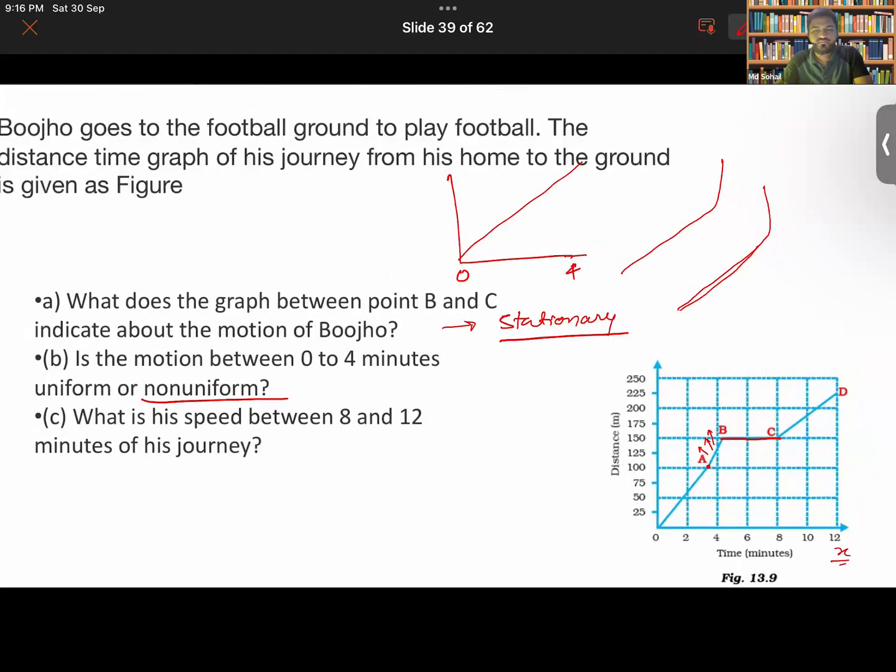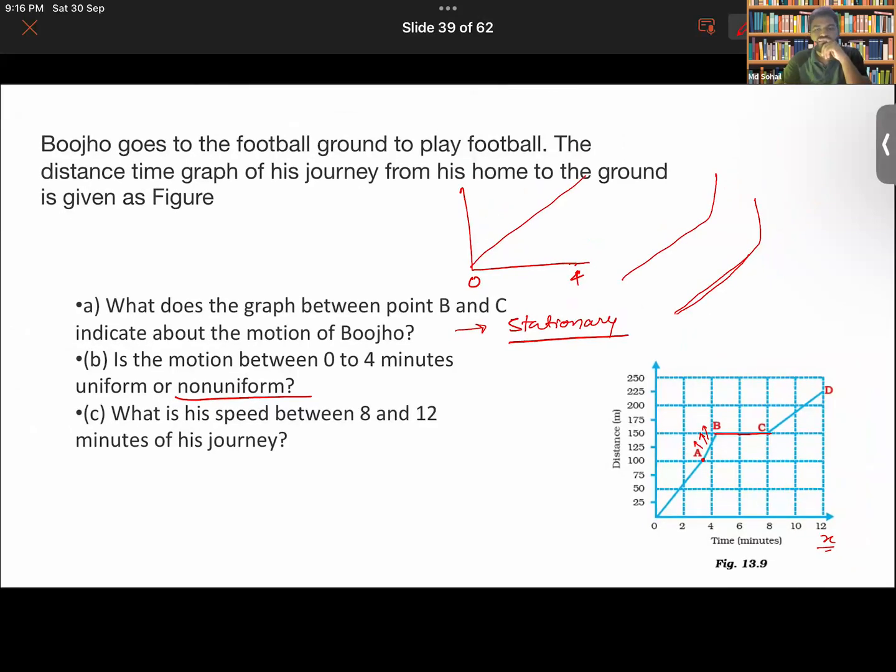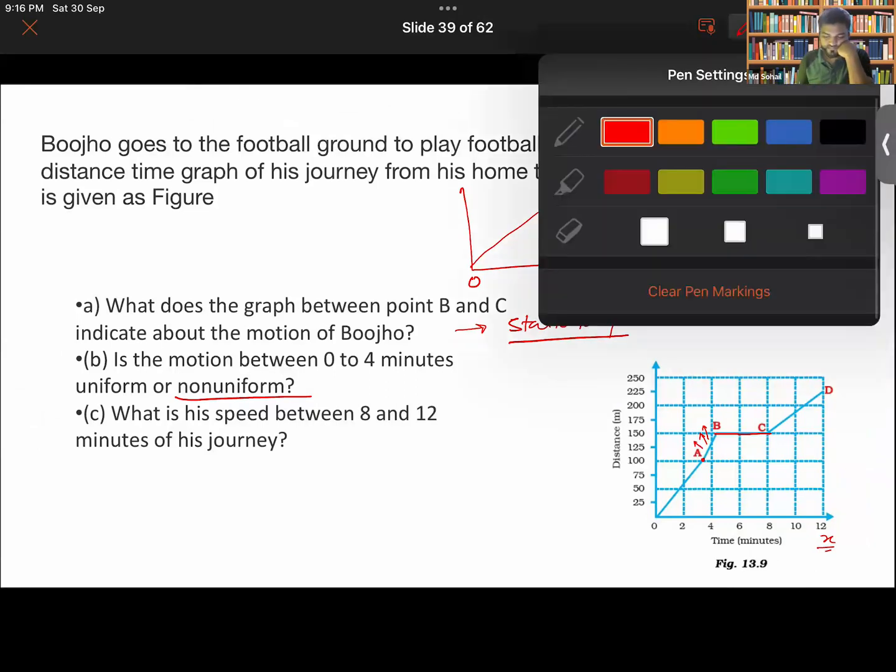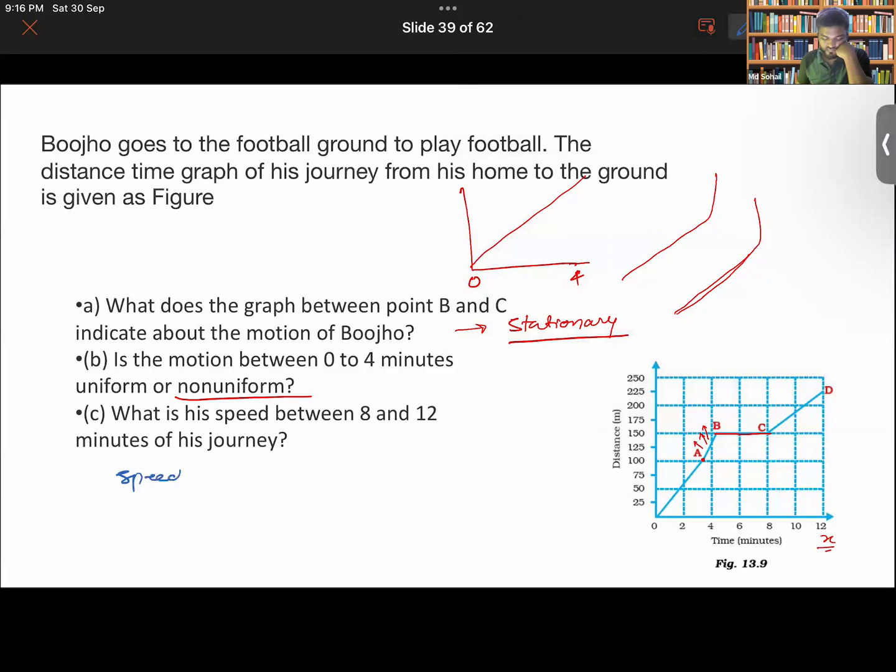What is his speed between 8 and 12 minutes of his journey? You know one formula of speed. So 150 divided by 8. Why would you divide by 8?